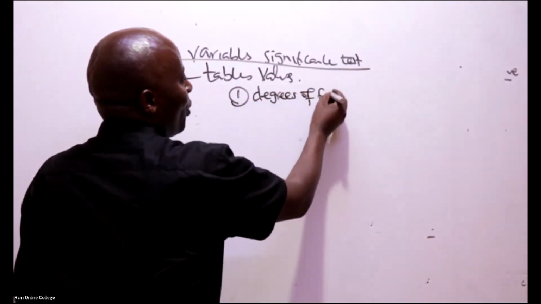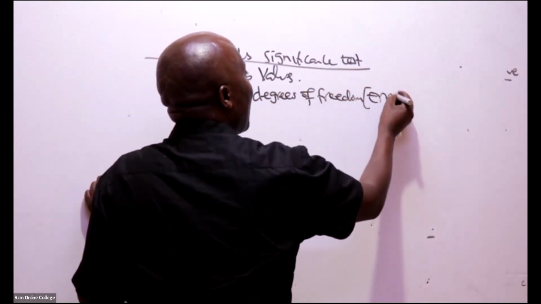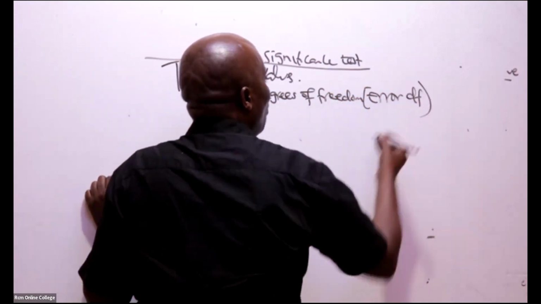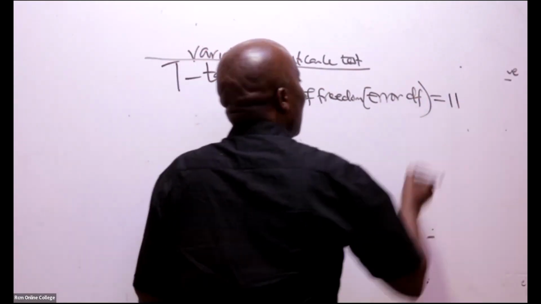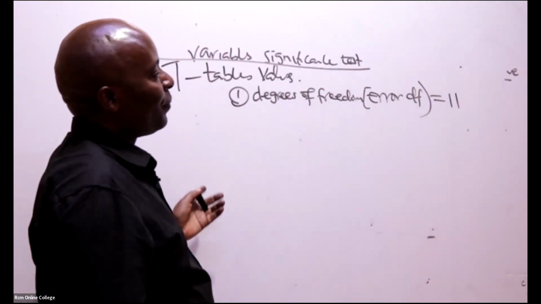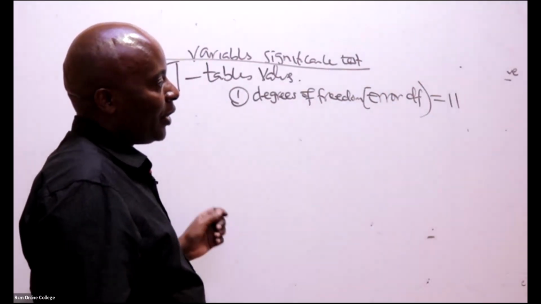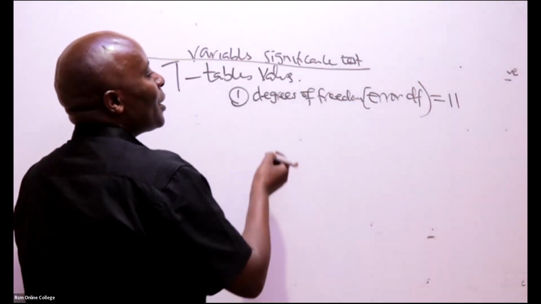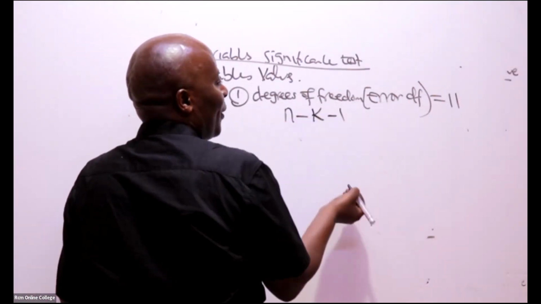Degrees of freedom. And these will always be the error degrees of freedom, which you had given to me as 11. Remember, the error degrees of freedom are the ones we got by taking n minus k minus 1.